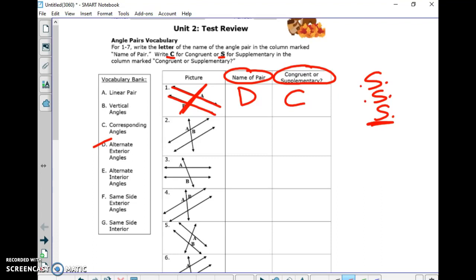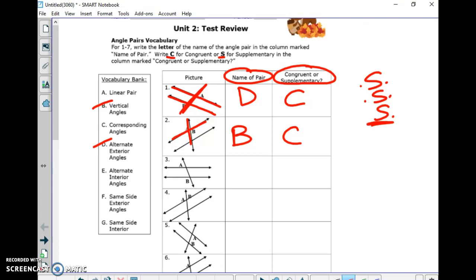Okay. Number 2, A and B are at an intersection and they're across from each other. So when they're across from each other at an intersection, we call that vertical angles. So vertical angles, we know from Unit 1, are congruent.